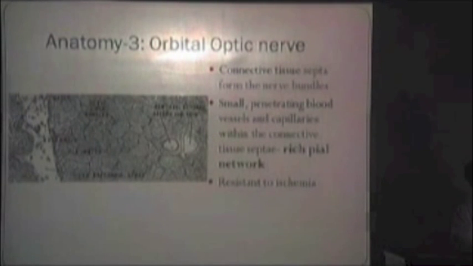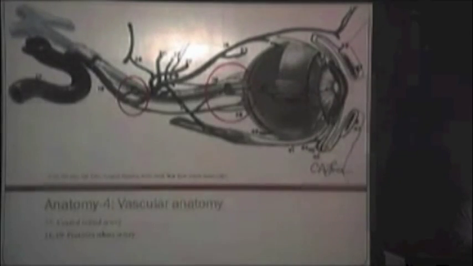And as it approaches the intracranial component, it also gets branches from the ACOM and the ACA as well. This part of the optic nerve is believed to be particularly resistant to ischemia because of this rich pial network.